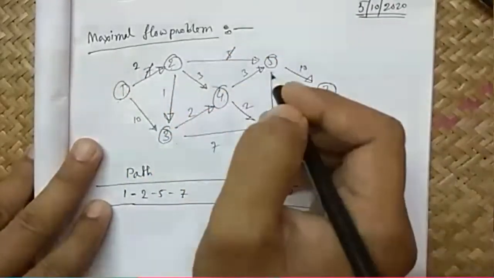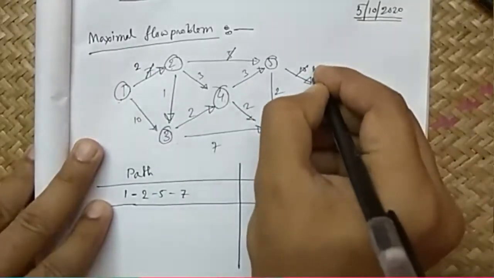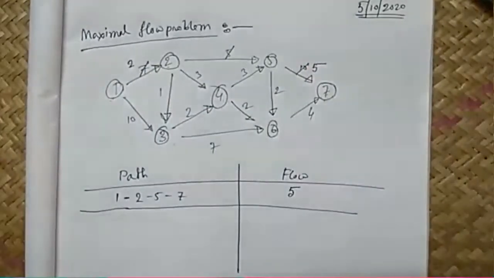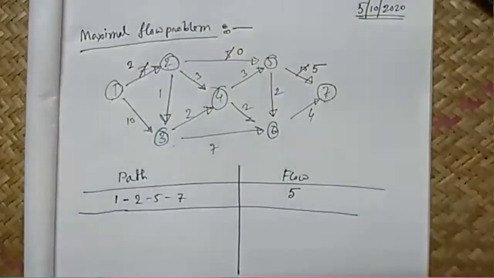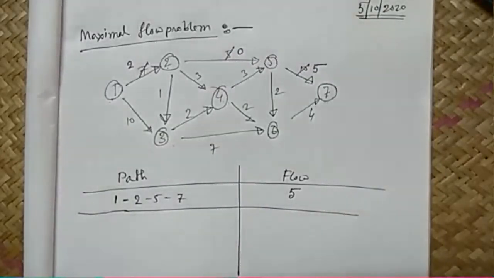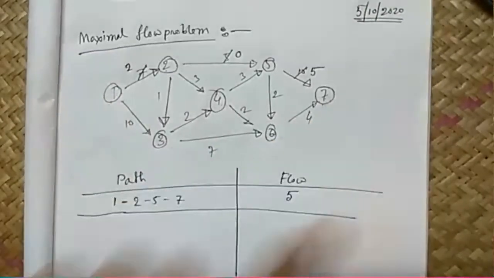This 5 is fully exhausted, this 10 having 5 capacity left. Okay, so we have updated the present capacities. Okay, next path we can take 1 3 6 7.